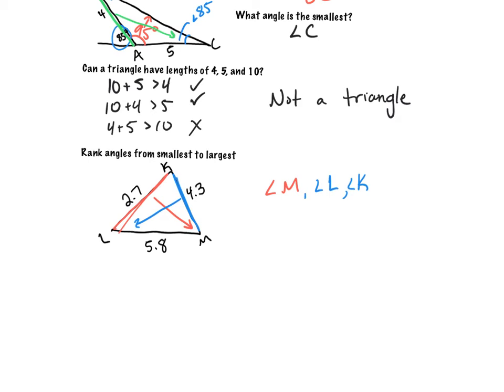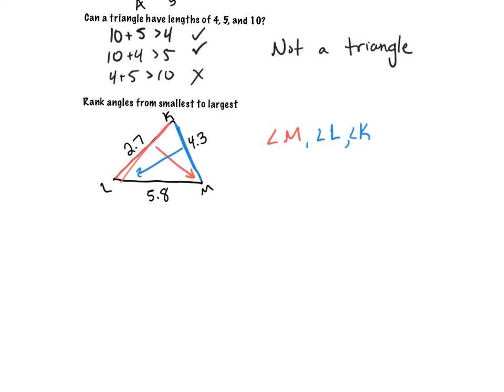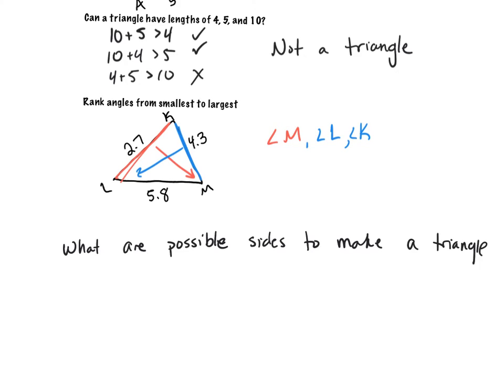Okay, we're gonna add one example to this because there's something in your homework that I didn't put in the notes. So, question is, what are possible side lengths to make a triangle if 2 are say 5 and 7.